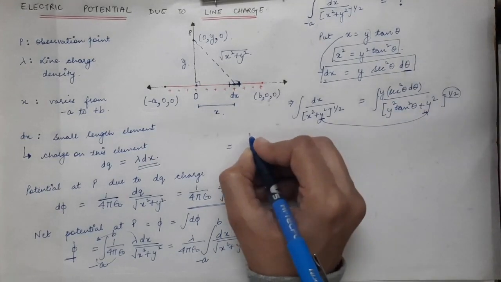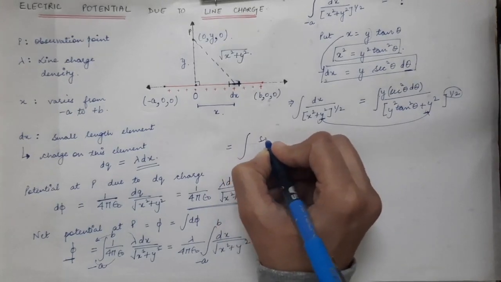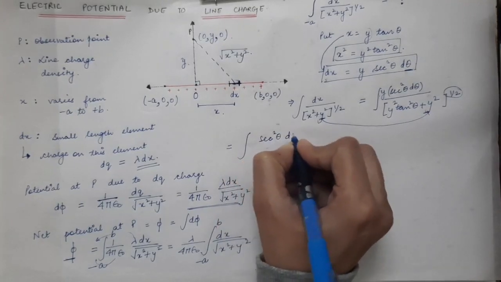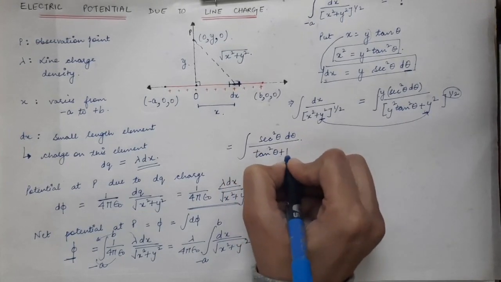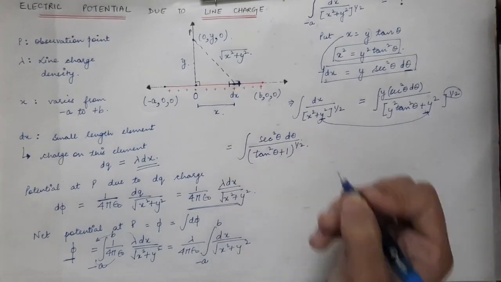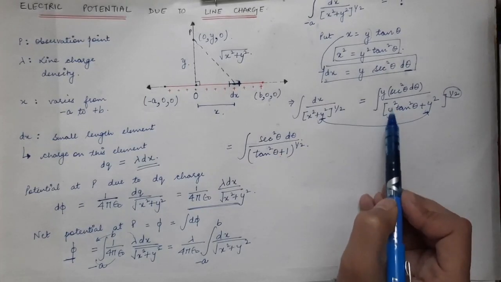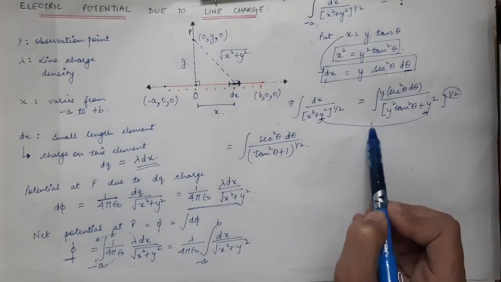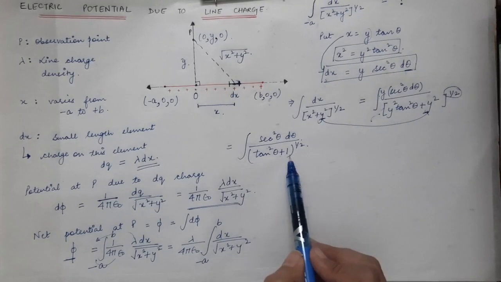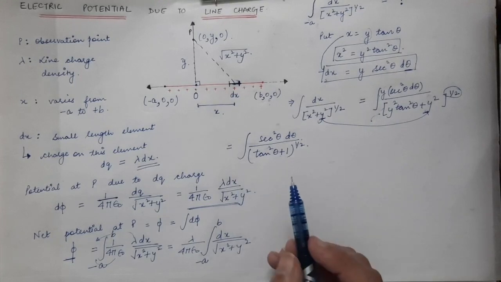As a result you will get integration of secant square theta into d theta divided by tan square theta plus 1 power 1 by 2. So this y square, when it is taken outside this bracket, you will just get y, and this y and y will cancel, and you will be left with this expression.